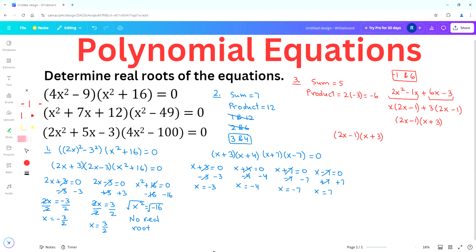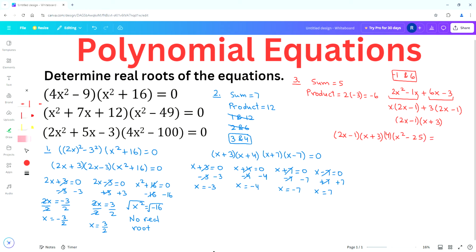Next we have to factor the second given factor, 4x squared minus 100. We can reduce the two terms in this given factor by doing common factoring or GCF. We can factor out 4 from both terms. And we are left with x squared minus 25. Now we can use the difference of squares factoring method. Square root of 25 is equal to 5.